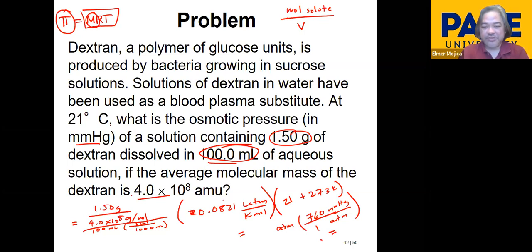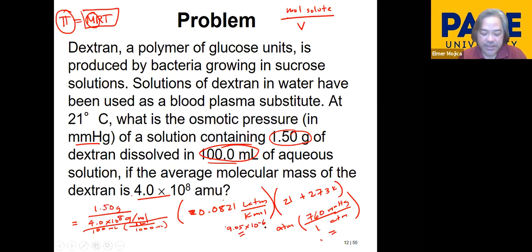So what's the value that you get in atmosphere? 1.50 divided by 4 exponent 8, divided by 100 divided by 1,000. So I get around 3.75 times 0.0821 times 294. So I get around 9.05 times 10 to the negative 7 atmosphere.